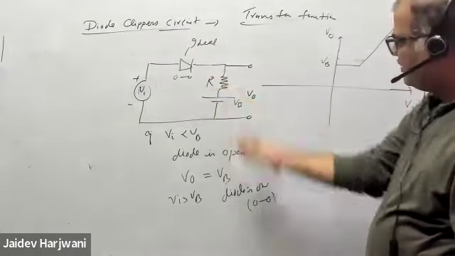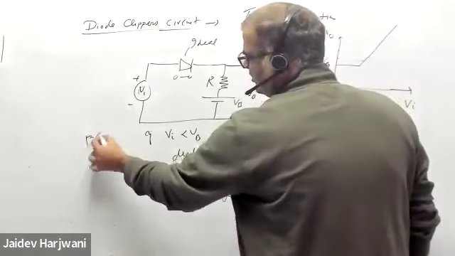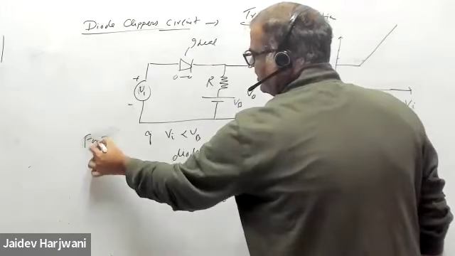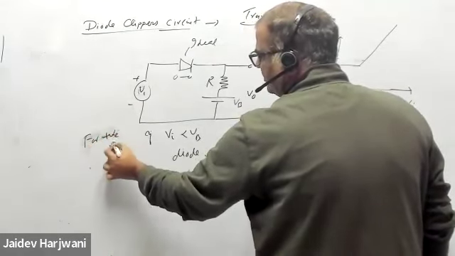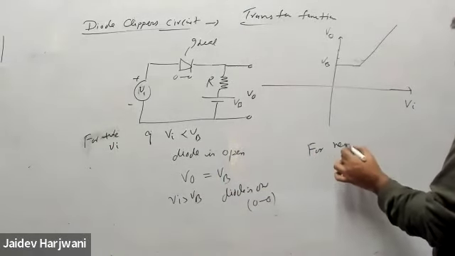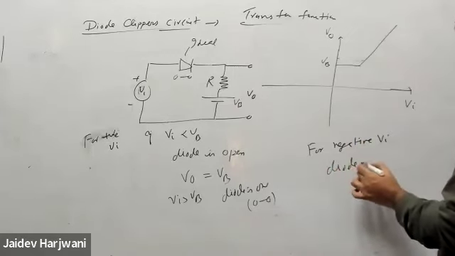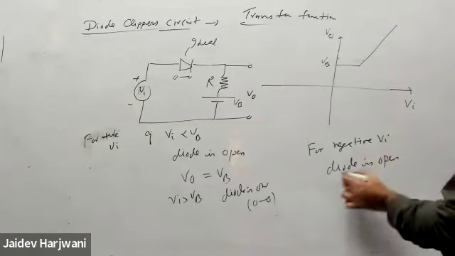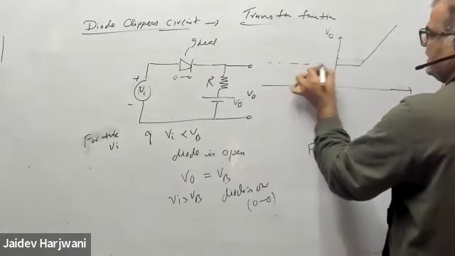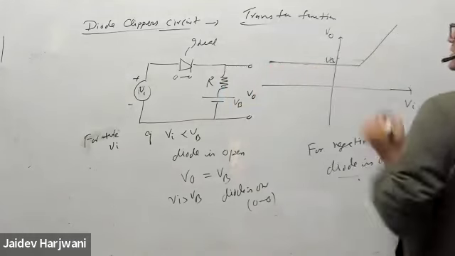But more negative, it's always the same. So for positive Vi, and for negative Vi, diode is open, always open. Diode is open means always this circuit. So for negative also you get the same voltage Vb. This is the case.